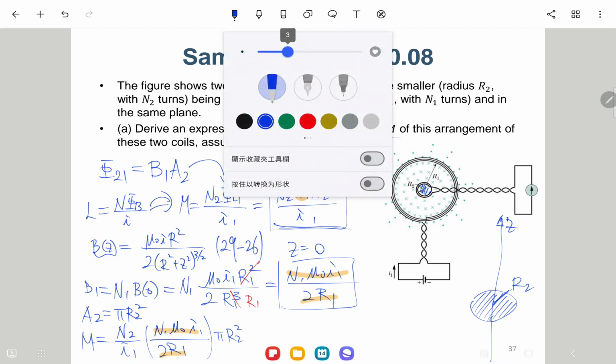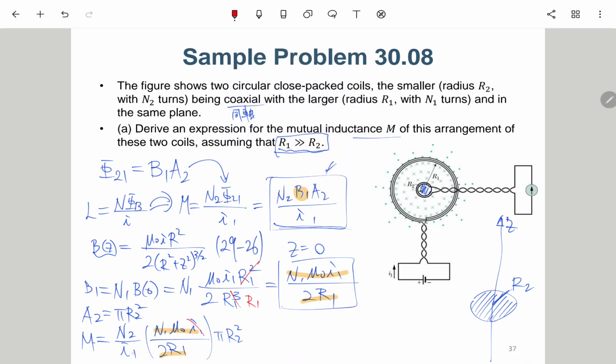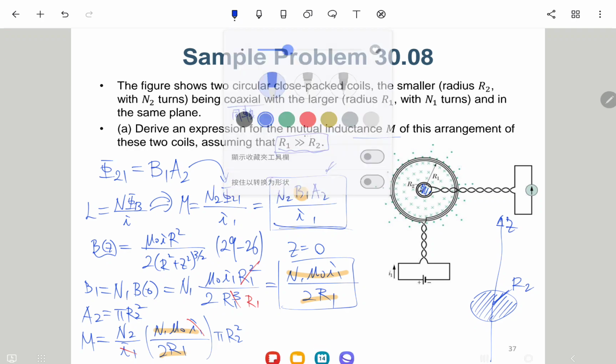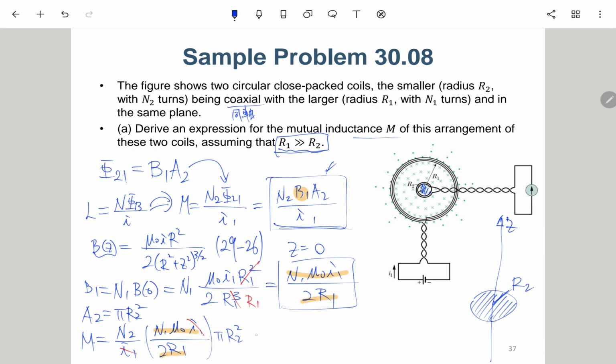Finally we can do some cancellation: I1 and I1 cancel. So we have M equals pi mu 0 N1 N2 R2 squared over 2R1.